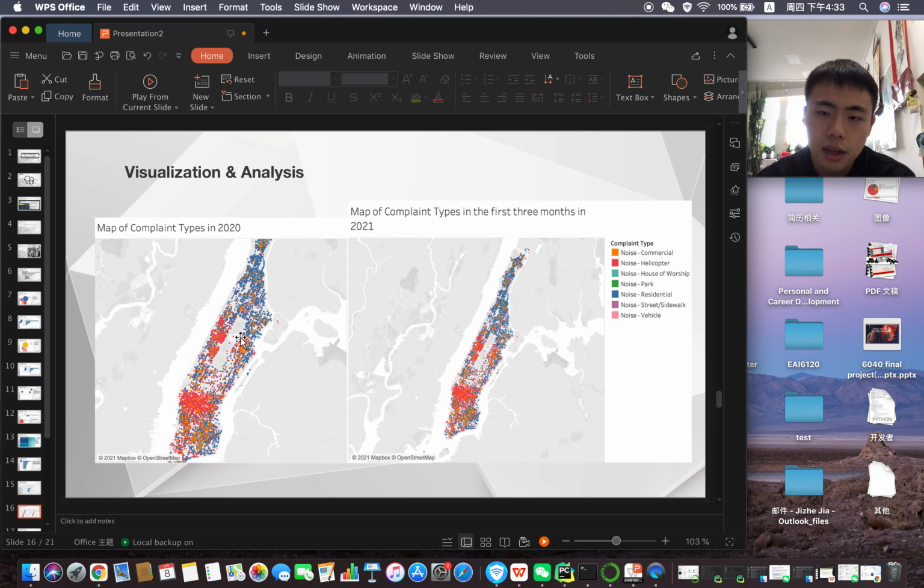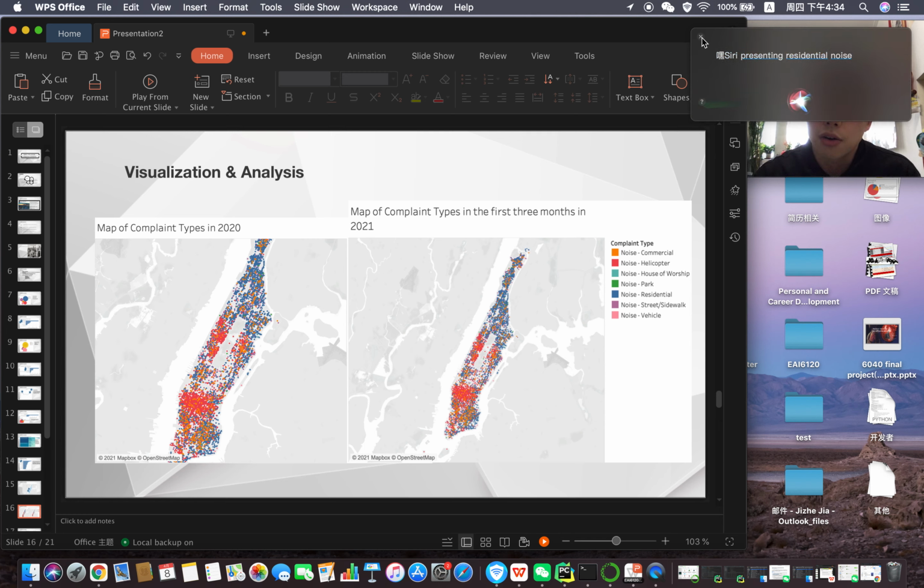For example, the red points represent helicopter noise. We can find this in a similar area in both years, and the blue points are all over the whole city.